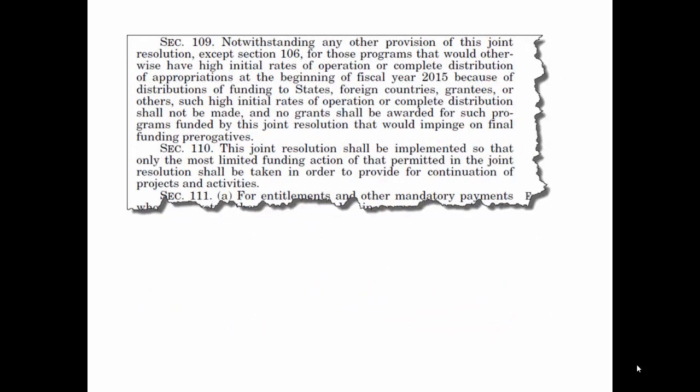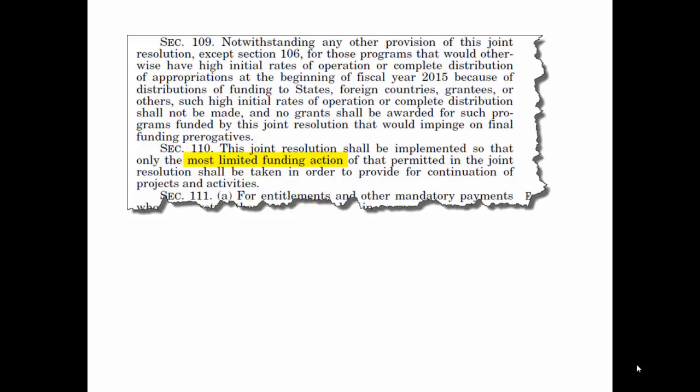Following the CR theme to hold down spending as much as possible, Congress provides language in Section 109 to prevent high initial rates of operation that would impinge on final funding prerogatives. And Section 110 tells us to take the most limited funding action in implementing the CRs.